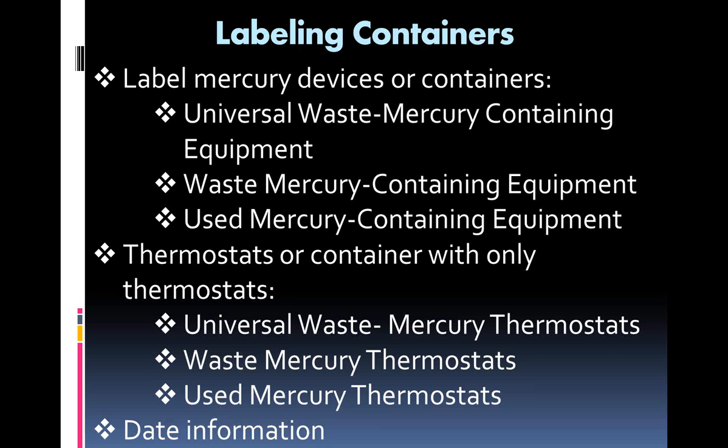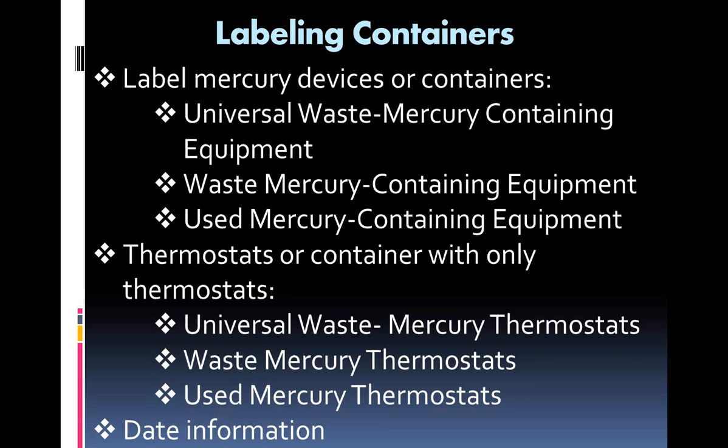So you do have to keep track of the date that it was received or generated on your site. So if you had a light bulb burn out on November 13th, you would need to mark that on the light bulb or on the container that it was going into. There are a few ways to do it. You can mark the container with the earliest date.